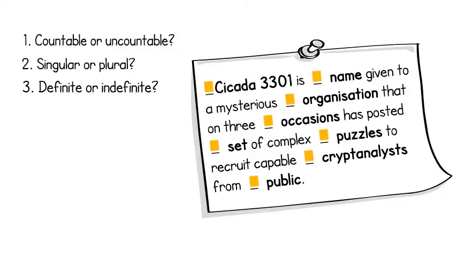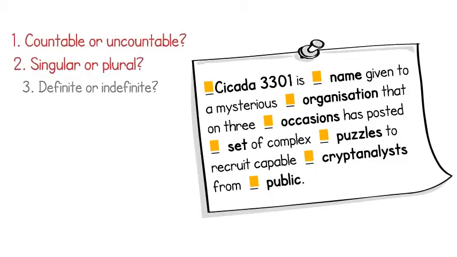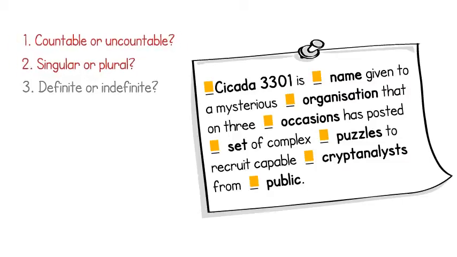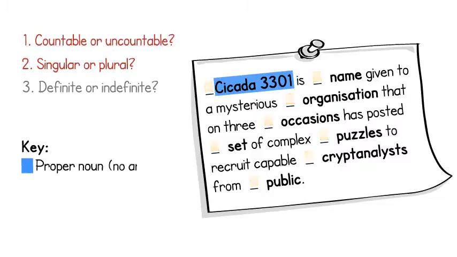Let's look at each of the nouns in turn and answer our first two questions. Firstly, Cicada 3301 is a proper name, like John, Brisbane, or Griffith University, and therefore it takes no article. So we do not need to consider it any further.